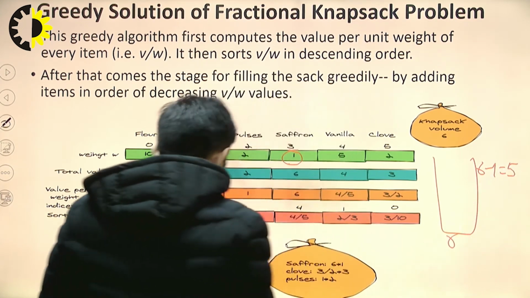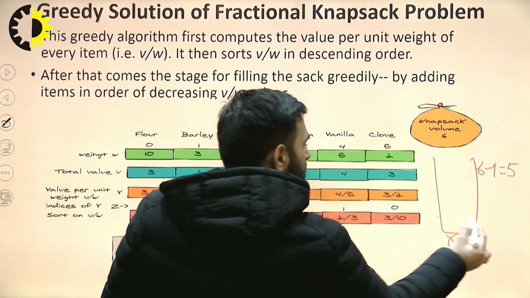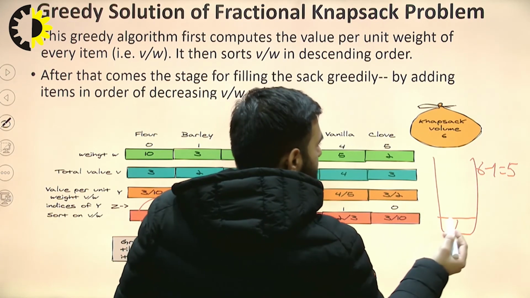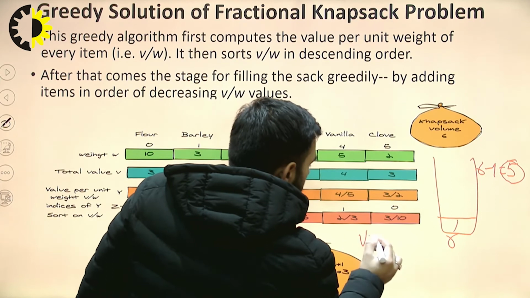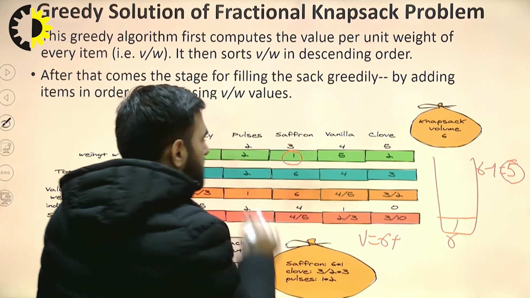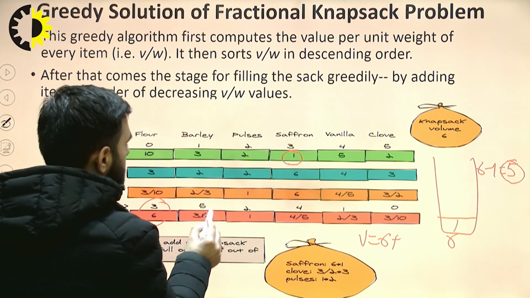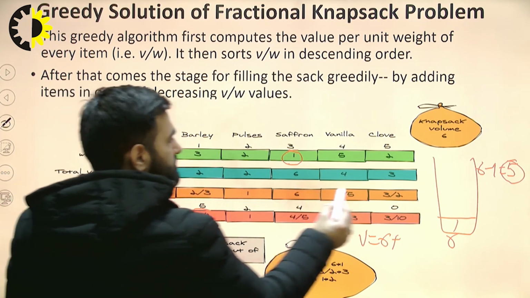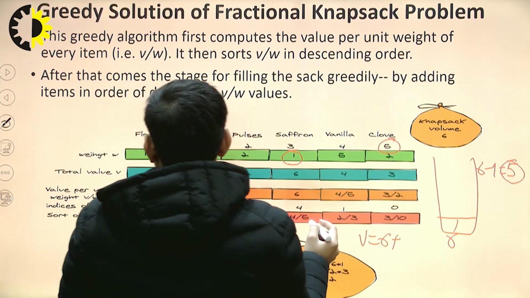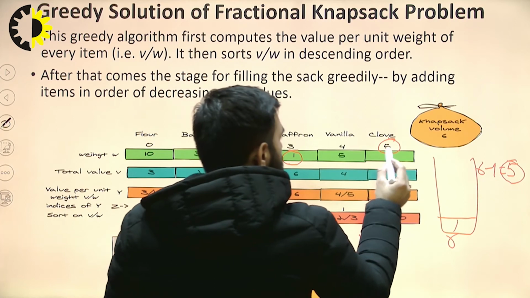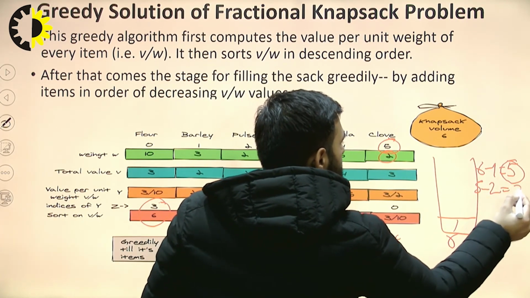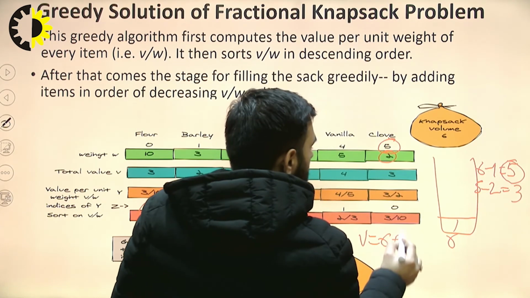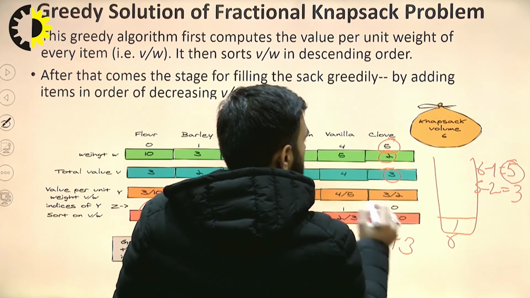Now, bag has a capacity of 5 and the value comes with the 6. Now, next item, it is 3 by 2, item number 5. The weight of item number 5 is 2. It is 5 minus 2, it is 3 left. And the value comes with the 3 here.